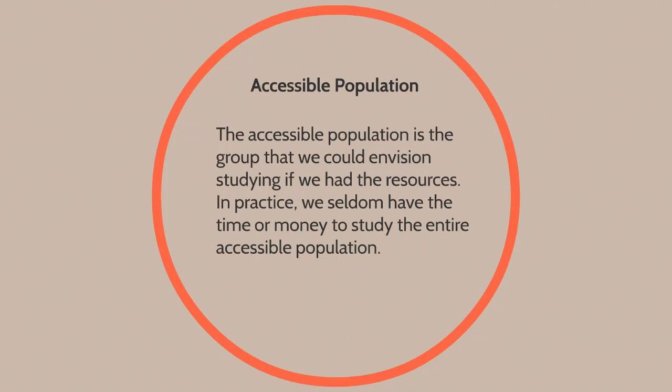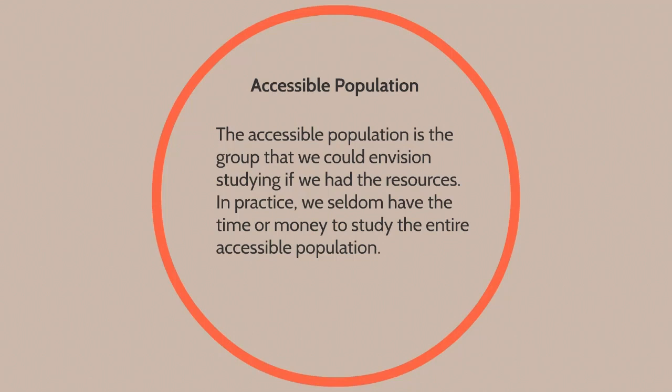If I wanted to do a research study at the university with undergraduate students, the University of South Carolina undergraduate population could be the accessible population. However, given the size of that population, it's very doubtful that I'm going to include them all in my study. Also, it's probably not likely that they're all willing to be part of the study.